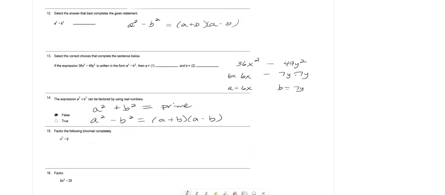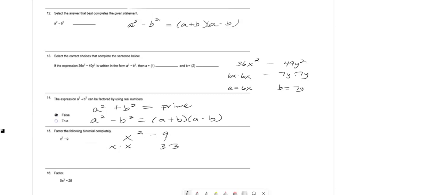Number 15, factor the following binomial completely. So we know that it's a binomial. The fact that we have an x squared is giving us the idea that we have the difference of two squares, but we just want to prove it. So if we can prove that x squared and 9 are perfect squares, and we have the difference between the two, meaning a subtraction sign, then we can use the formula for the difference of two squares. So we know that x times x equals x squared, and we know that 3 times 3 equals 9.